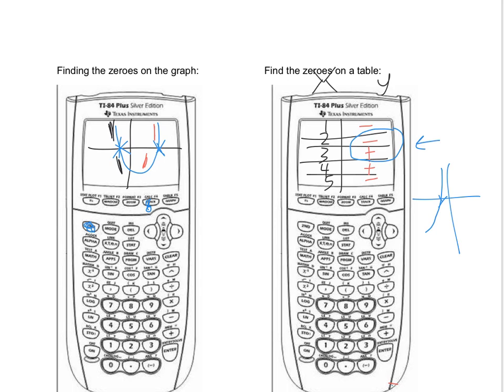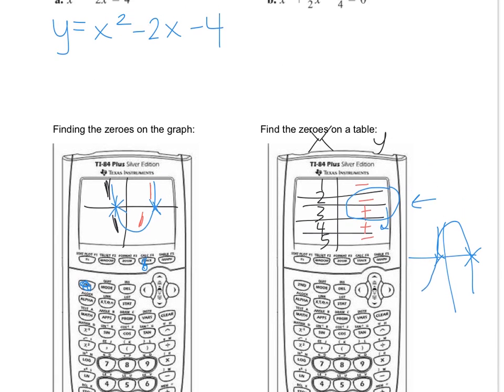So there has to be a solution between 2 and 3. If you're going from a positive to a negative down here, it means you're also crossing the x-axis. Whenever you see a sign change on your table, you know that there's a 0 close by.